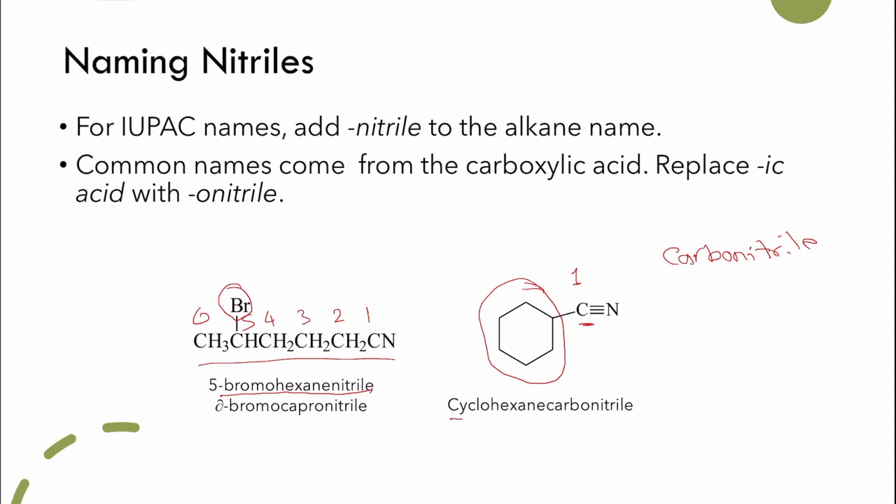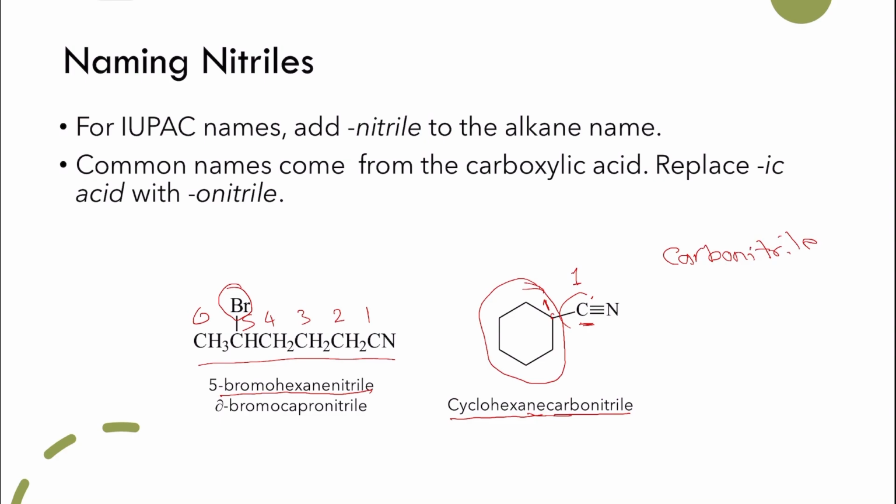So I call this cyclohexane carbonitrile. I'm not going to call it any other way because I cannot include the cyclohexane with the carbon in one name. So it's called cyclohexane carbonitrile. I again don't need to say the position of the carbonitrile because it's the only substituent and it's going to be on carbon number 1 of the cyclohexane.